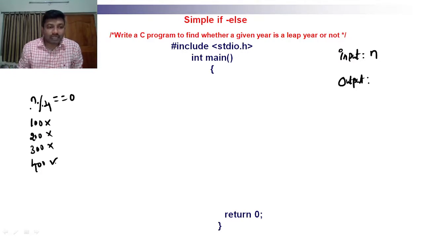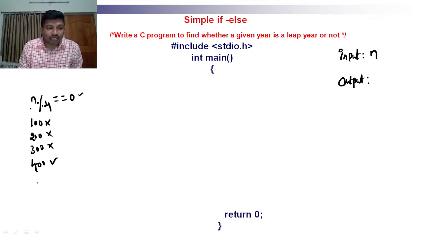So 100 multiplied by 4, the year that you get, is a leap year. But the remaining years which are multiples of 100 are not leap years. So how can I write this logic? The year must be divisible by 4, but it should not be divisible by 100.